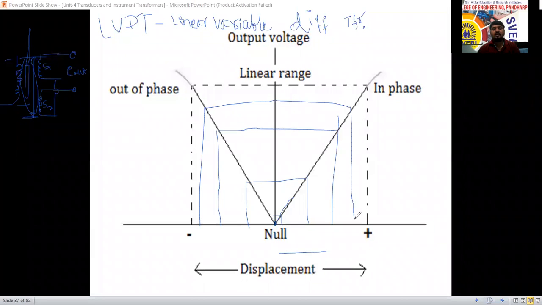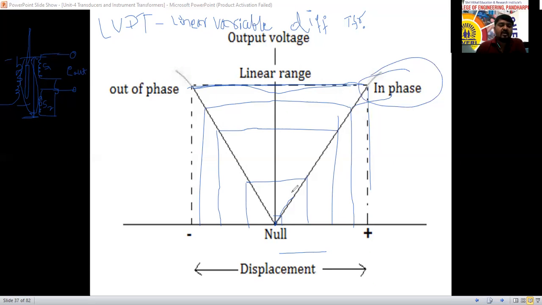Up to here, the dotted line indicates the linear range. Before the end of this linear range, the output is called in phase. See here, it looks like a straight line. Can anyone reply?